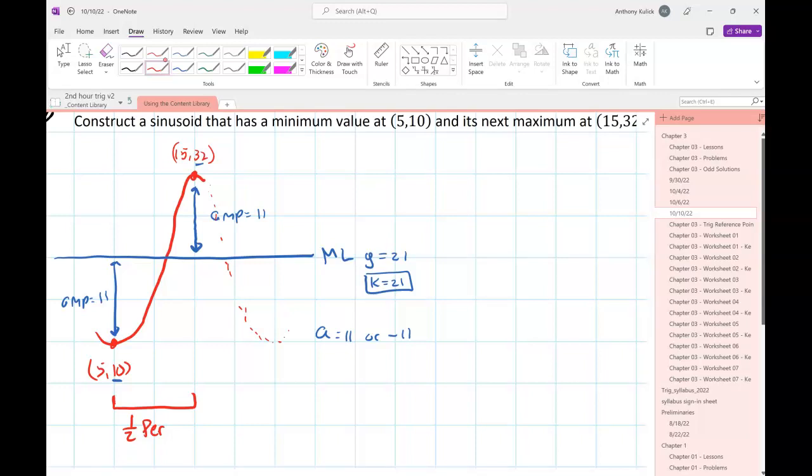Everybody agree with that? Okay. And horizontally, how far is it to go from 5 to 15? That's 10 units, right? So half a period has to equal 10.